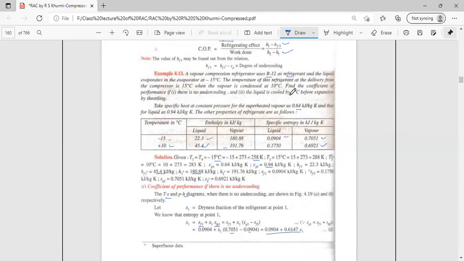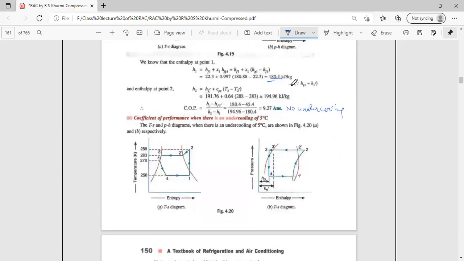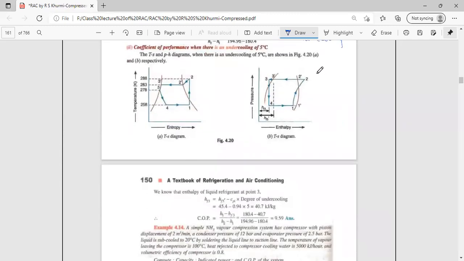So before going to the throttle valve or expander, it is cooled by 5 degrees in the second part of the problem. We see the cycle remains the same here. One is in the wet region, and two is in the superheated state, which is known to us.